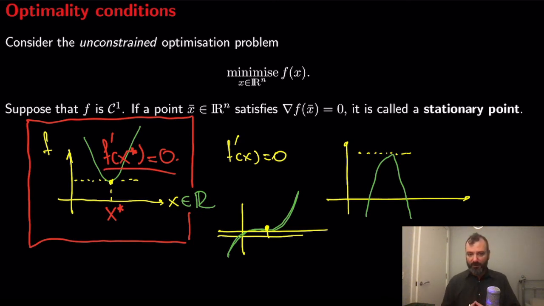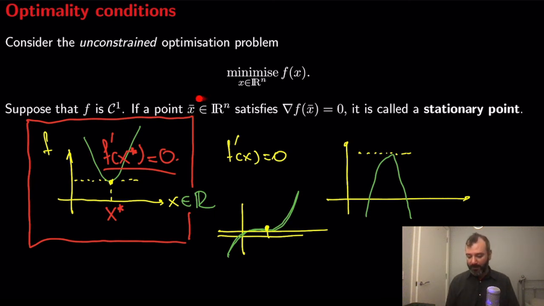It is a condition that the minimum must satisfy. It doesn't mean that if you solve the optimality condition you will find a minimum. You might, or you might not. But if you have a minimum, then certainly it satisfies this condition. Of course, I didn't mention it explicitly, but this function f has to be differentiable, and in fact it has to be continuously differentiable.